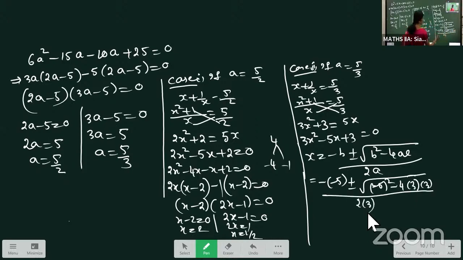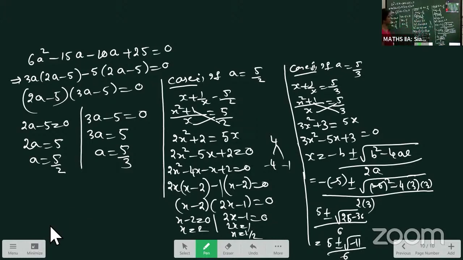So 5 plus or minus under root of 25, and here what are you getting? 4 3s are 12, 3s are 36. 25 minus 36 by 6.